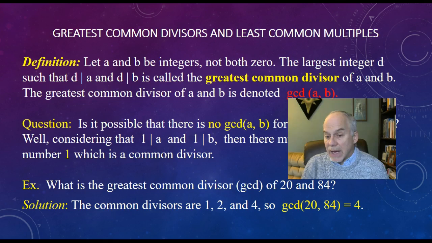And 4 divides into 20 and 4 divides into 84. So all of those numbers divide into both 20 and 84. And the largest or the greatest one is 4. So the greatest common divisor of 20 and 84 is 4. All right. Now there is another way that we could have done that, and we're going to be looking at that.